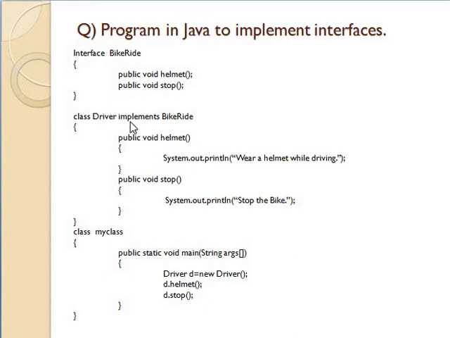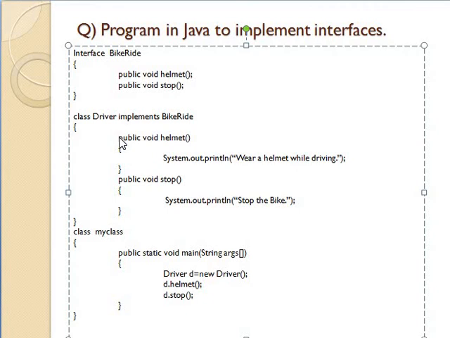Once the class driver implements the interface using the keyword implements, all the methods declared inside the interface shall be created inside the body of the class driver, and they are shown here.